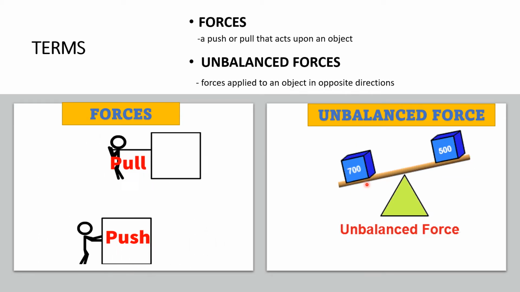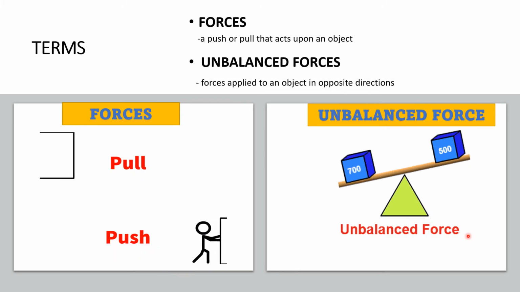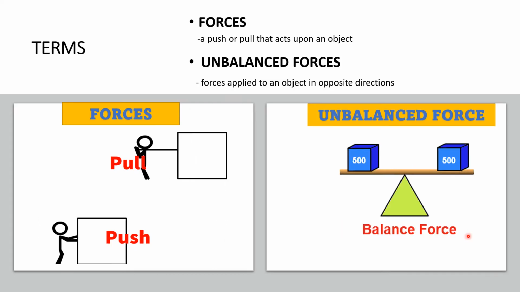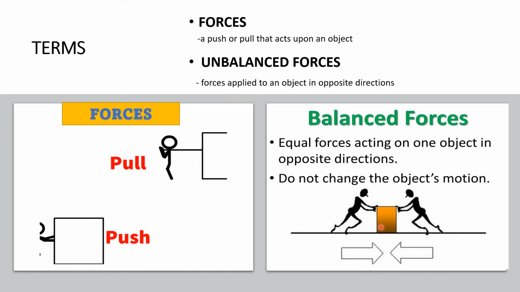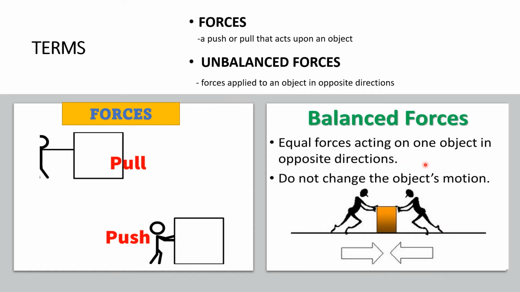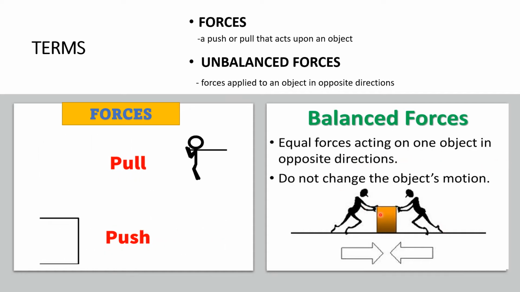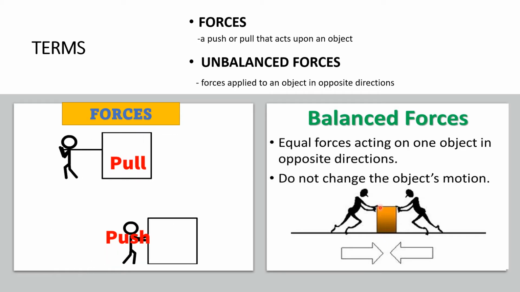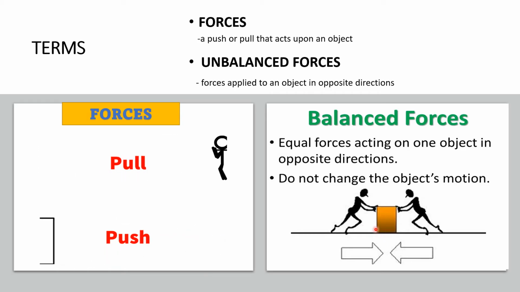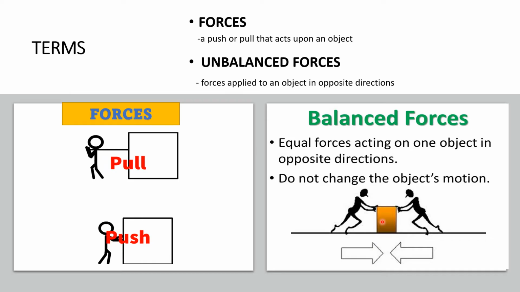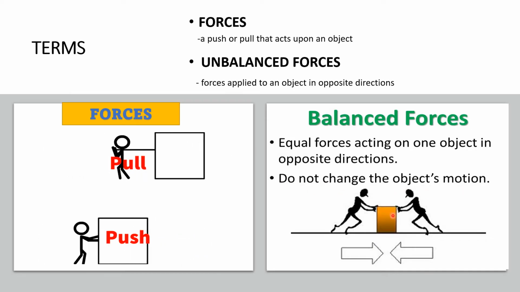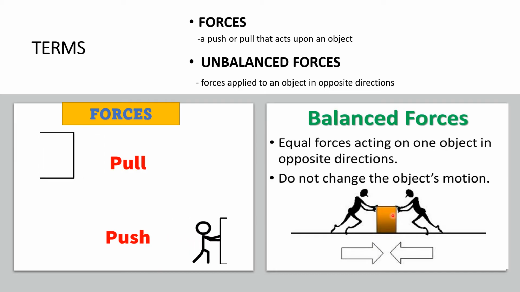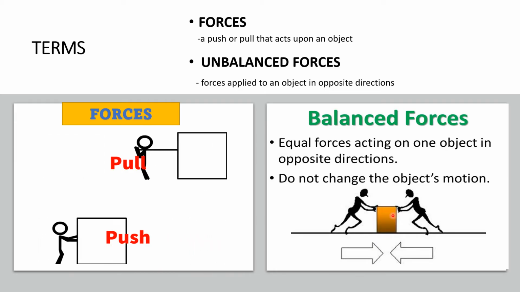So another example of balanced force, for you to understand what is unbalanced force. This one is a balanced force. As you can see, there are equal forces acting on one object in an opposite direction. So what will happen to the object when there is a balanced force? The object will not move. It does not change the object's motion. So the objects that we see sitting alone on a table, meaning there is a balanced force.